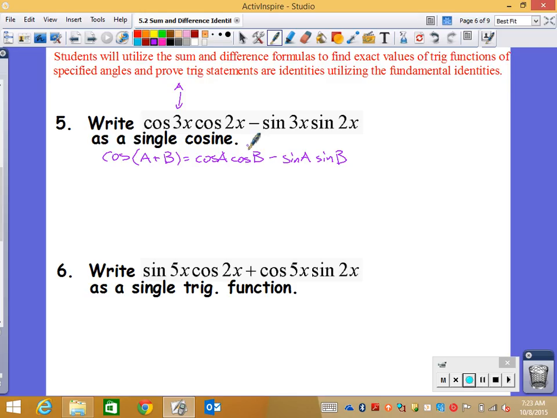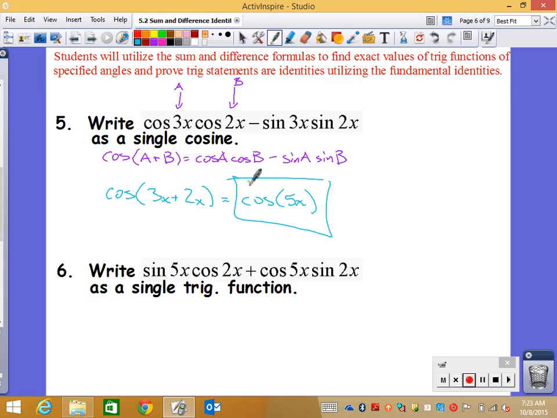B is my second angle in my second cosine, so 2x. So this whole expression becomes cosine of my A, 3x, plus my B, 2x, or cosine 5x. And that's my single cosine.